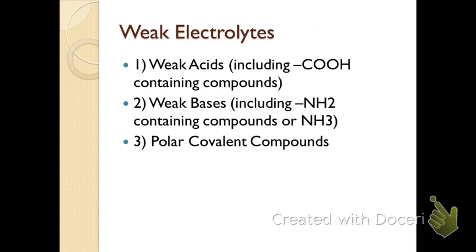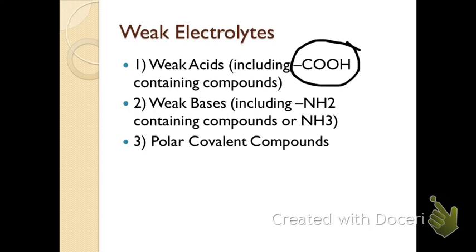Weak electrolytes are any weak acid, so anything that's not on your list of strongs, including anything that has what I call the COOH group attached to it. The carboxylic acid group is something you will learn when you later take organic chemistry in college. The carboxylic acid group is a weak acid, so if you notice the COOH group on the end of a compound, it's a weak acid.